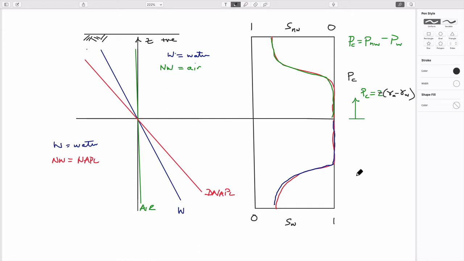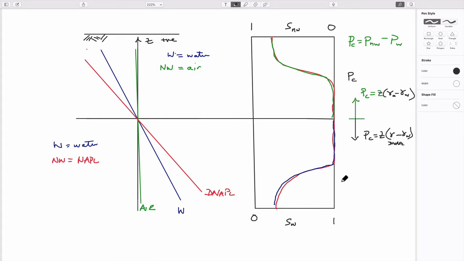And down here, the capillary pressure would be increasing downwards from this point, and again would be the elevation multiplied by the difference in the unit weights. The non-wetting fluid would be the NAPL, and the other one would be water. So that's the basic idea.